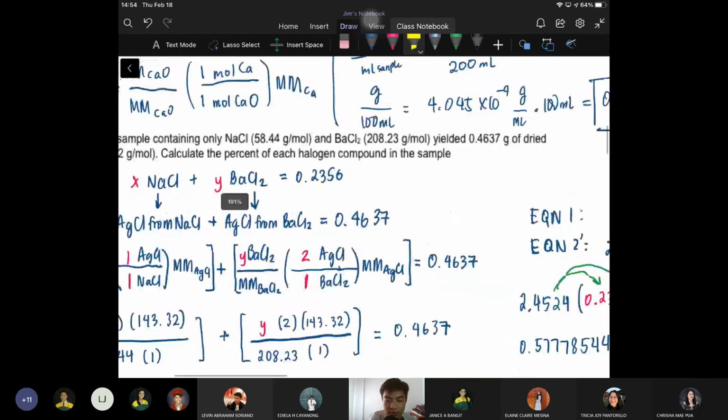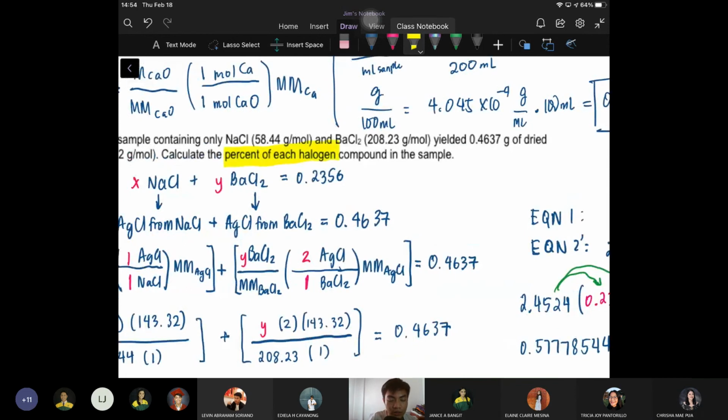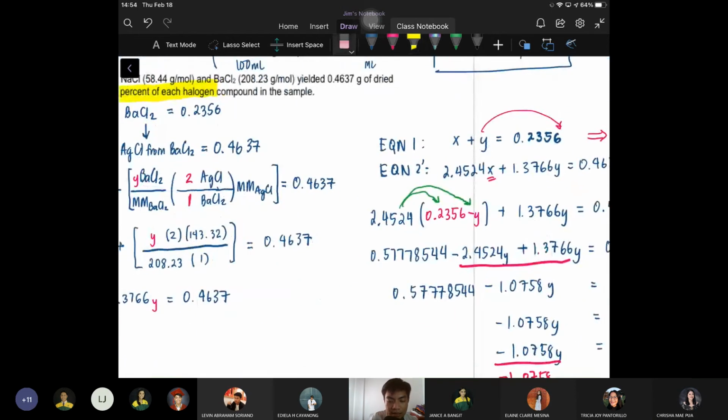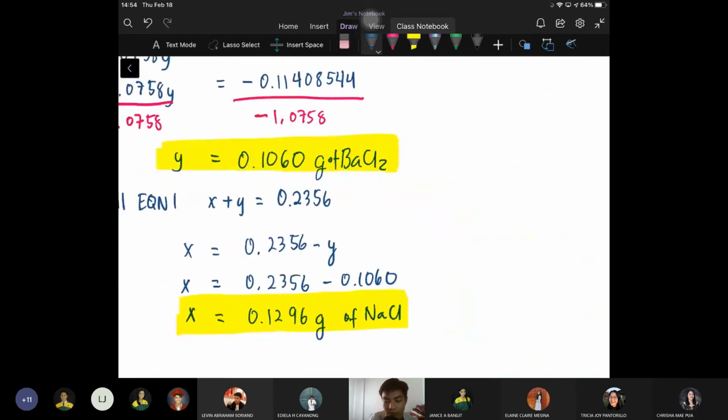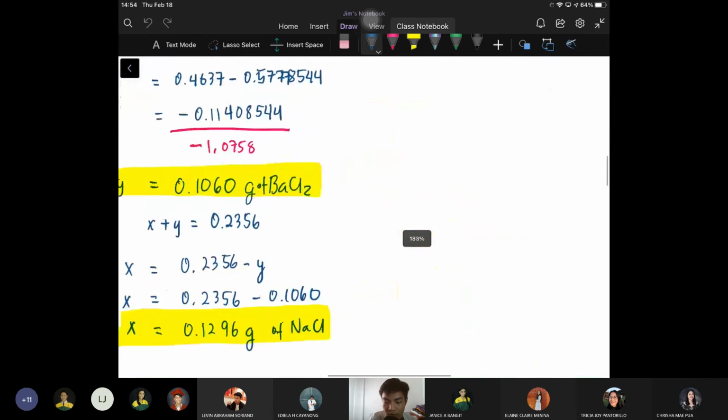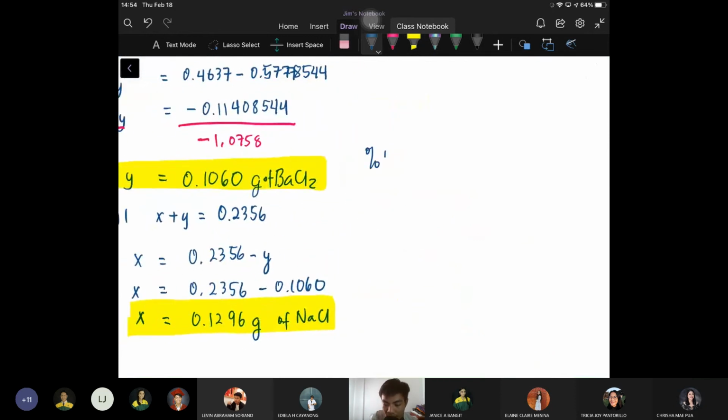So, tapos na ba tayo sa problem? Hindi pa. So, ang gusto sa atin ay percent of each halogen compound. No? Percent NaCl and percent BaCl2 daw. So, paano ko kukunin yung percent NaCl and percent BaCl2? Dito na lang sa left side. So to determine percent BaCl2, that is mass BaCl2 divided by the mass of sample times 100%. So that will be 0.1060 grams divided by, ano yung mass ng sample mo?